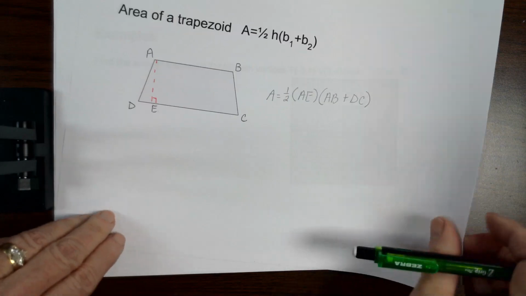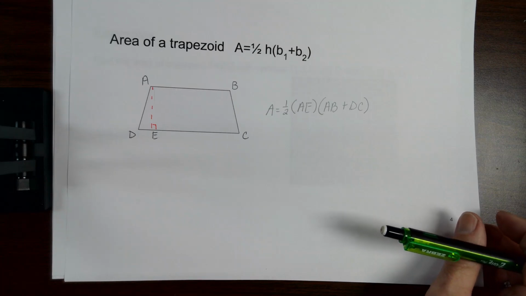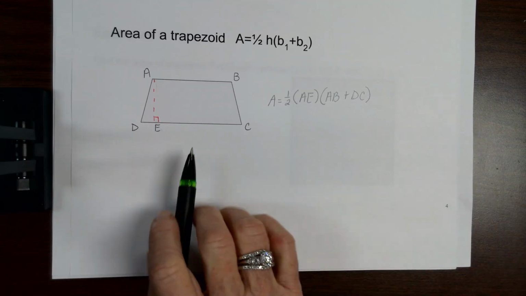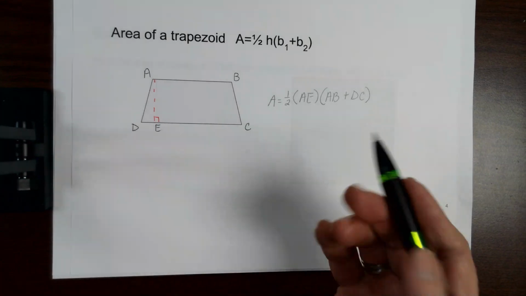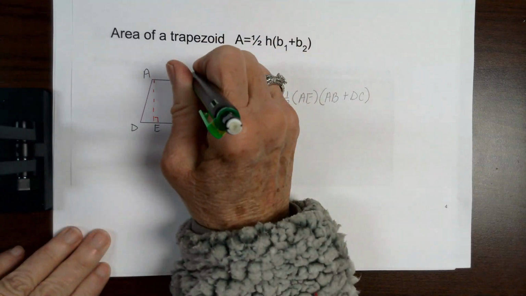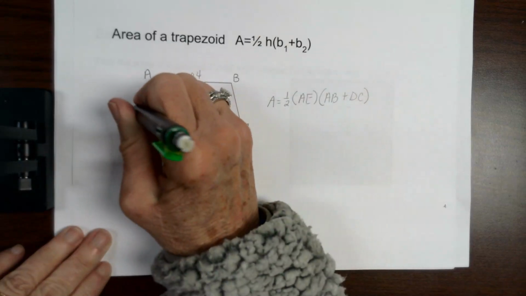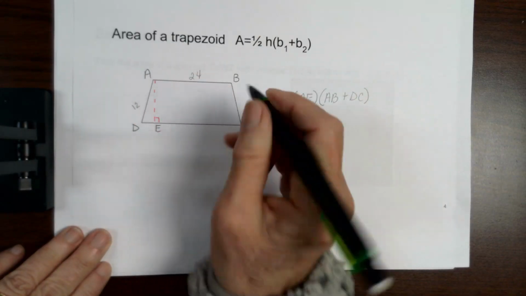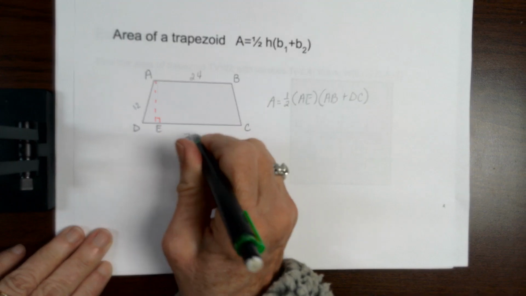So I have something that looks like that. Sometimes, and let's go ahead and fill in some information here. Let's say this is 24 and this is 12 and this is 30.